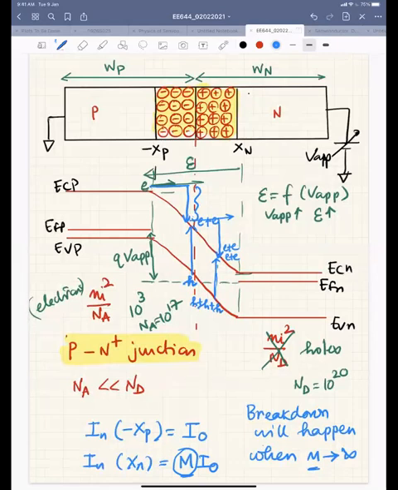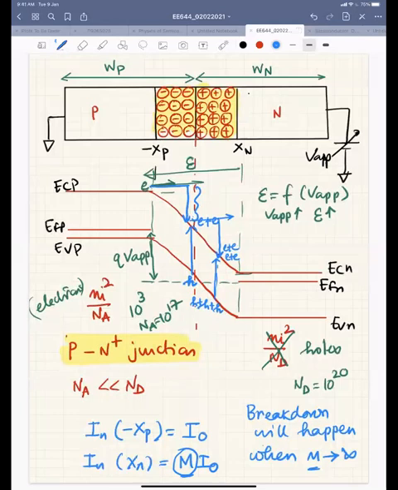That means the breakdown voltage for a high band gap semiconductor, let's say gallium nitride, is much higher than the breakdown voltage of silicon. That is called the critical field. So the critical electric field of gallium nitride is much higher than silicon. Similarly, the critical electric field of germanium will be much lower than silicon, because germanium has a lower band gap, so it's very easy to excite electrons to generate electron hole pairs.